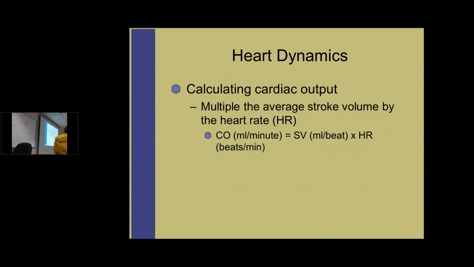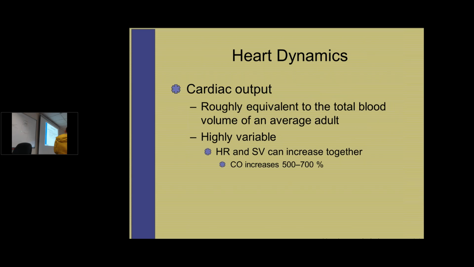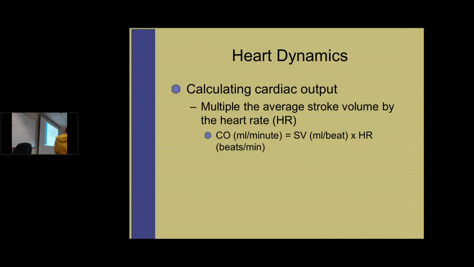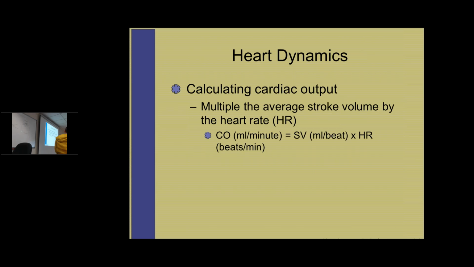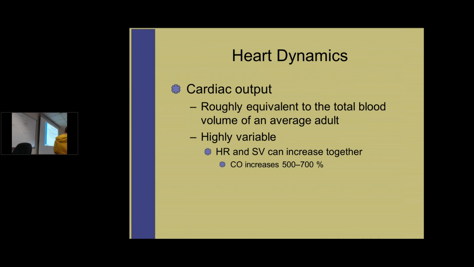So the cardiac output would be the stroke volume times the heart rate: however many times it beats in a minute and how much volume it got out in that. So really all you have to know is cardiac output is heart rate times stroke volume. And if you increase or decrease either of these, that affects your overall cardiac output.